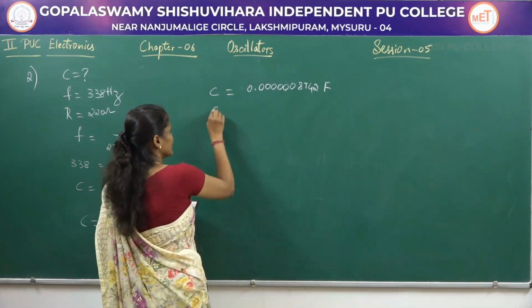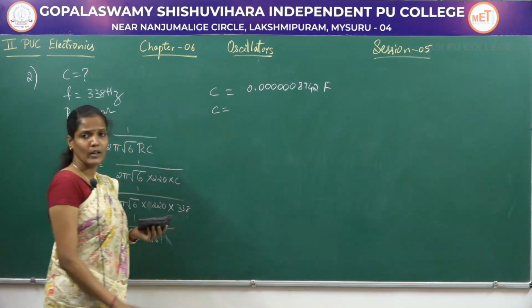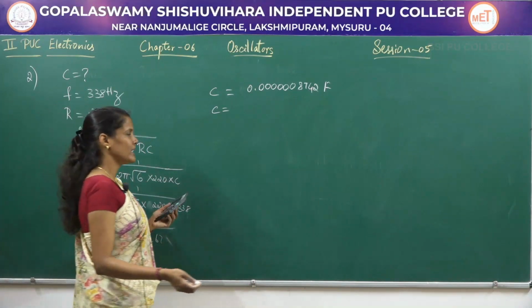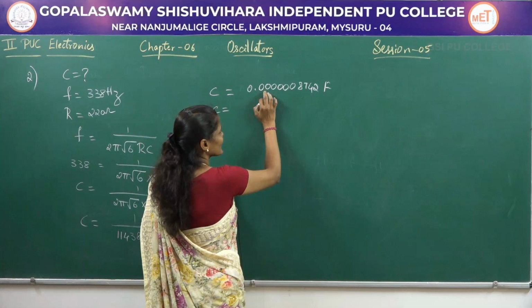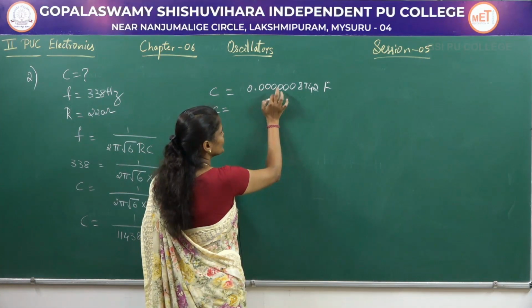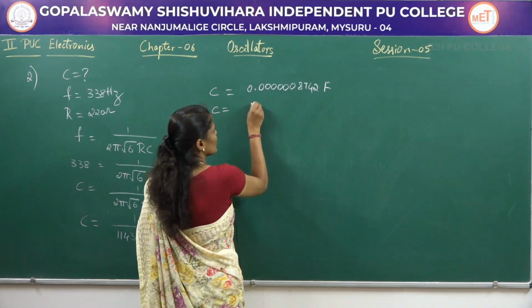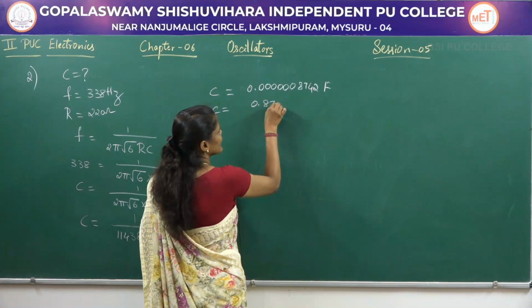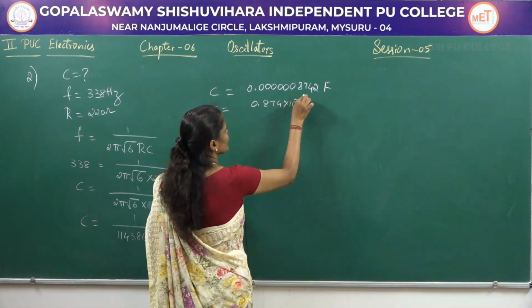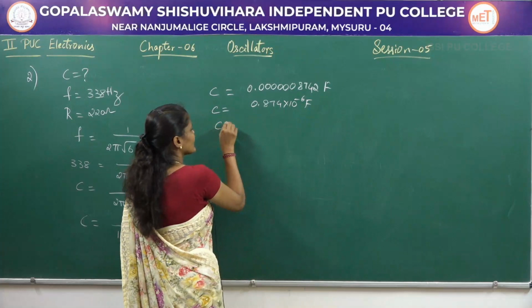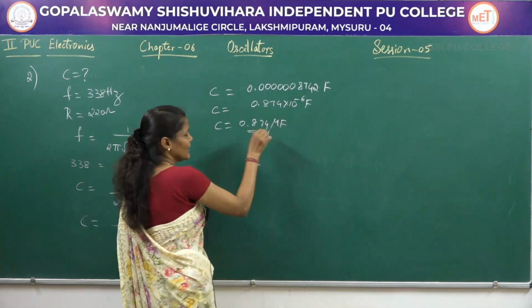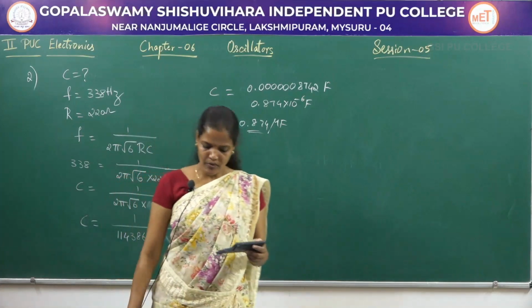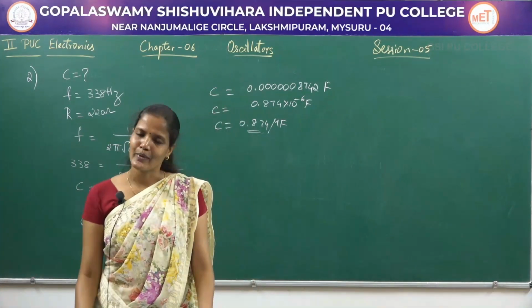So C will always be in microfarad or picofarad. So let us shift this point by 6 places and check what will be the answer. 1, 2, 3, 4, 5, 6. So 0.874 into 10 to the power of minus 6 farad, or C is equal to 0.874 microfarad. So this is the final answer where the resistance and the frequency were given.